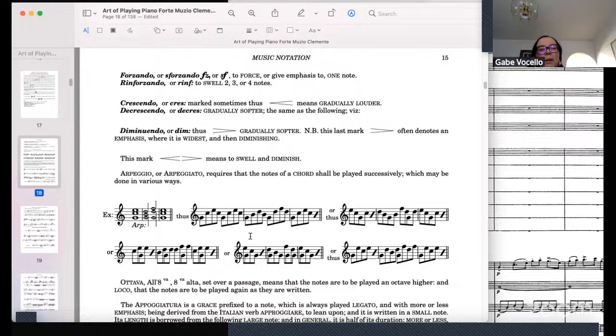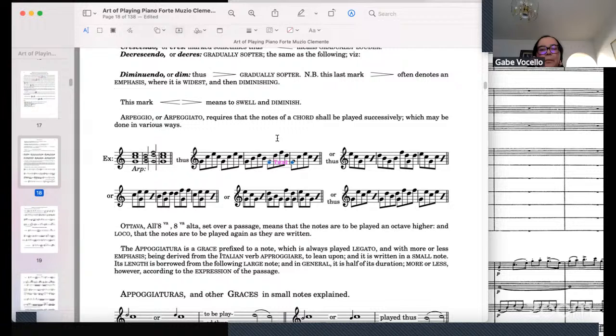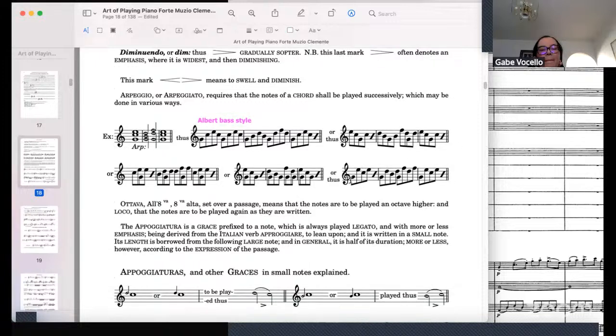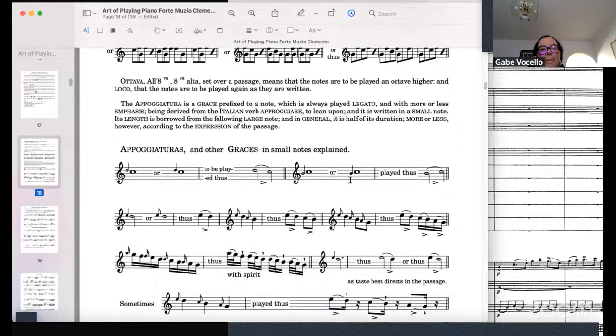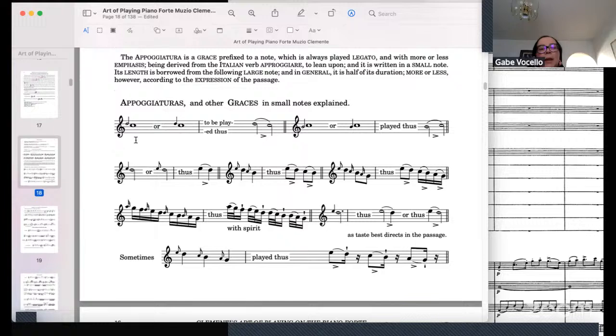The dynamic is the Alberti bass style, okay? Ta, ta. So half and a half.